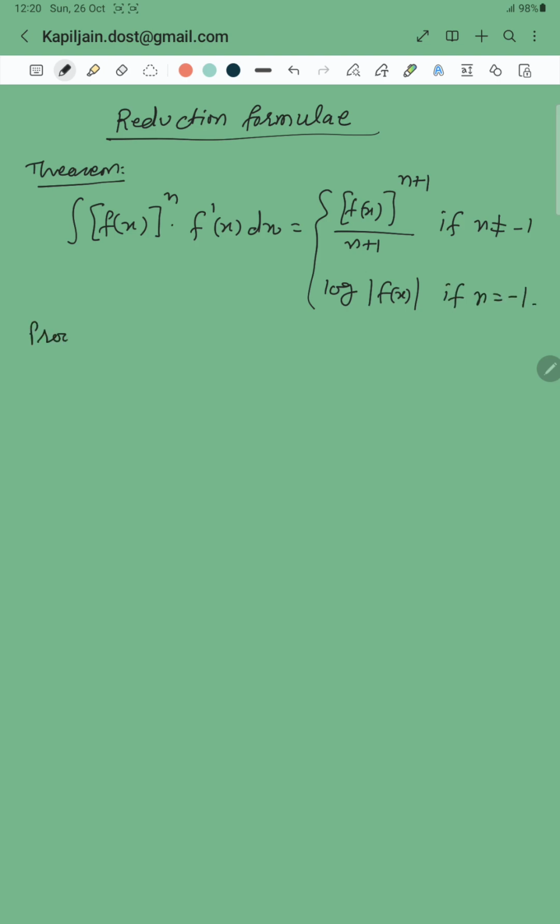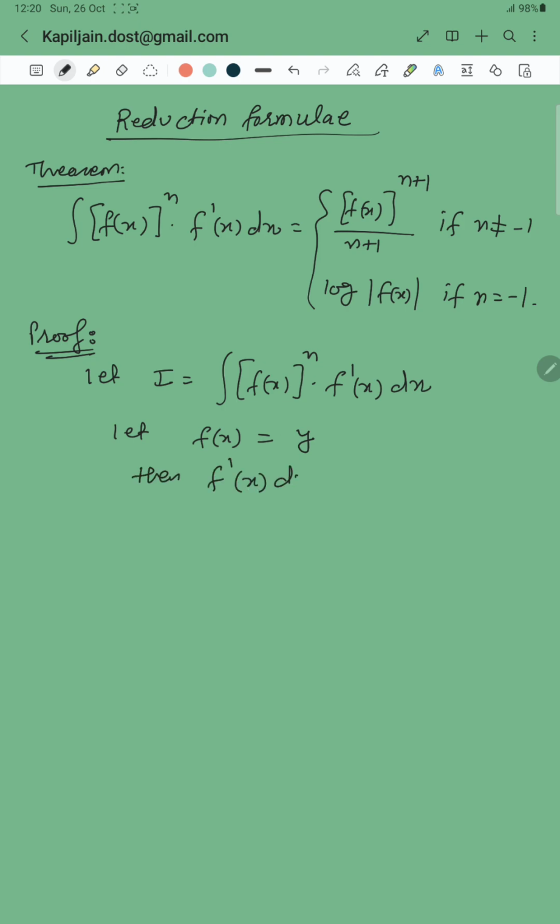So proof is, let I is equal to this integral f of x raised to power n into f dash x dx. Let f of x is equal to y, then f dash x dx is equal to dy. So integral becomes I is equal to integral y raised to power n into dy.